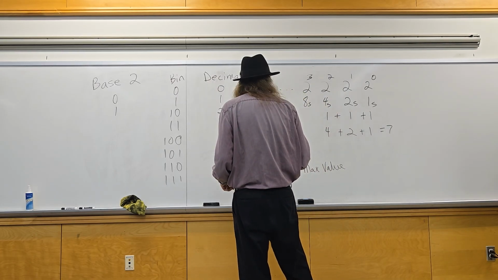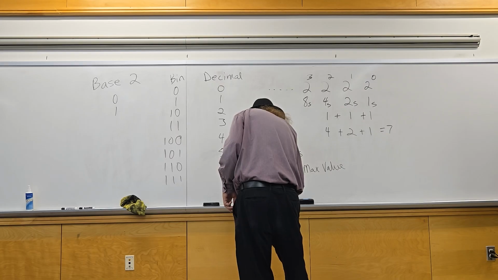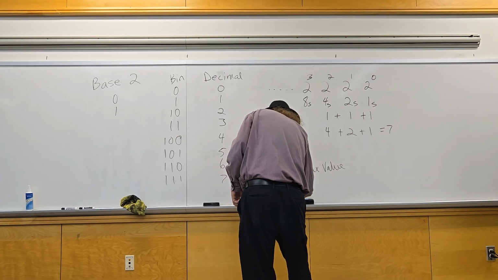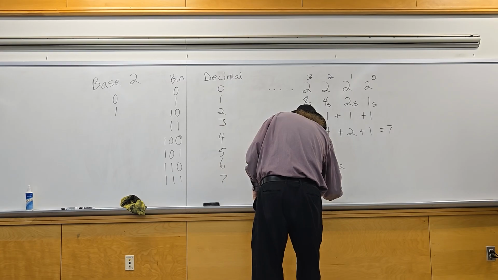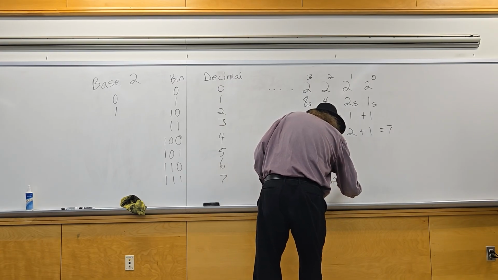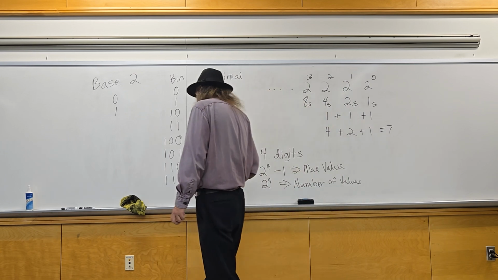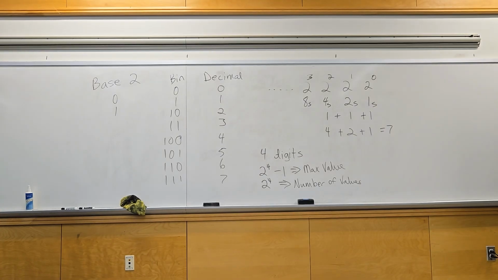And 2 to the 4th is the number of values. So 4 binary digits is 2 to the 4th is 16 minus 1 is 15.